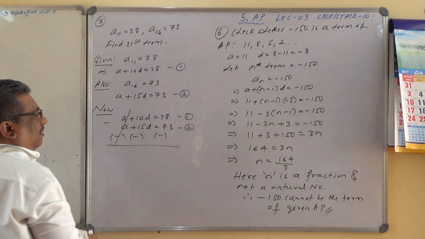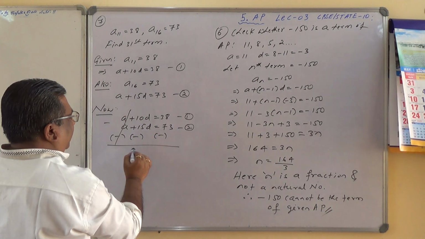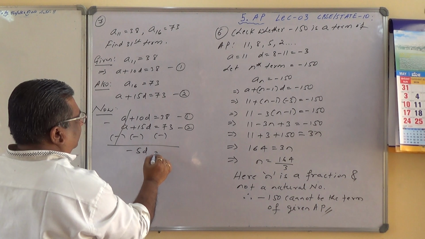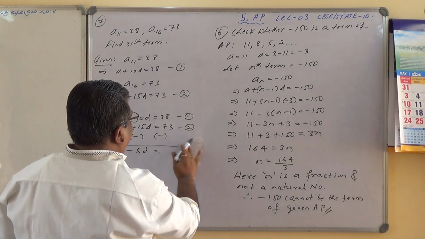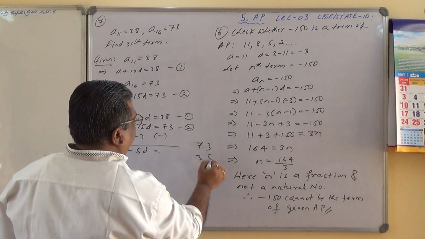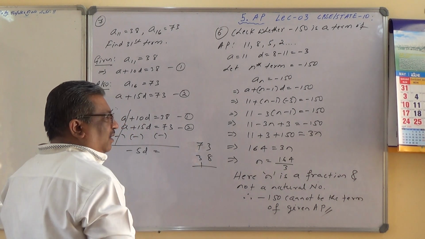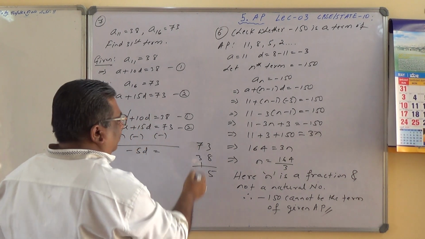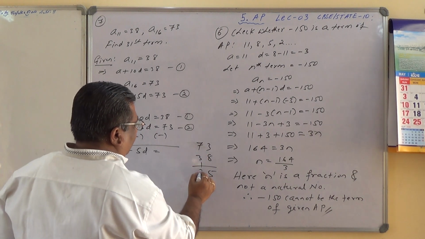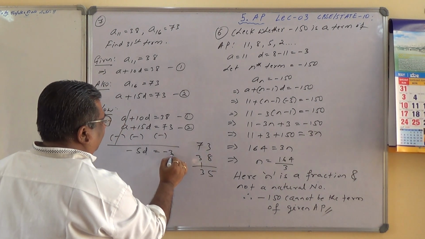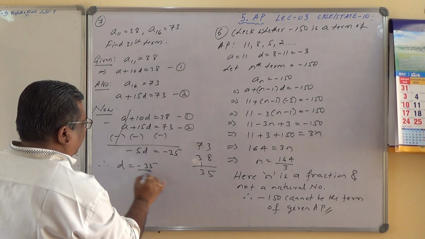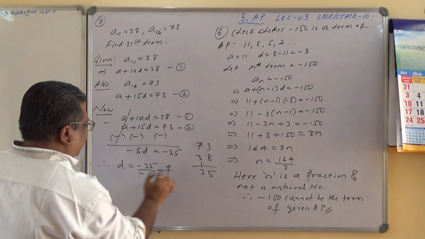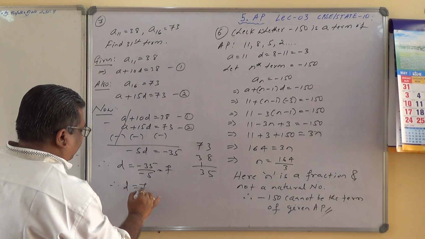So A will cancel, and 10D minus 15D is minus 5D. 73 minus 38 is 35, so minus 35, and therefore D equals minus 35 divided by minus 5, which is 7. Therefore D equals 7.